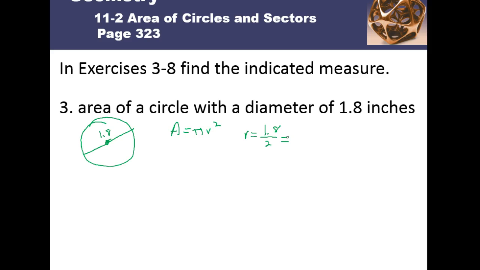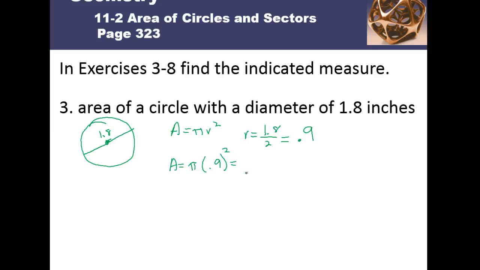And I believe that's 0.9. 1.8 divided by 2 should be 0.9. And it is. So now I know that my radius is 0.9 inches. So my area is pi times 0.9 squared. 0.9 squared would be 0.9 times 0.9, which would be, I believe, 0.81. But again, we'll just double check it.